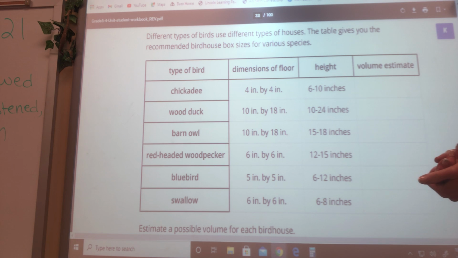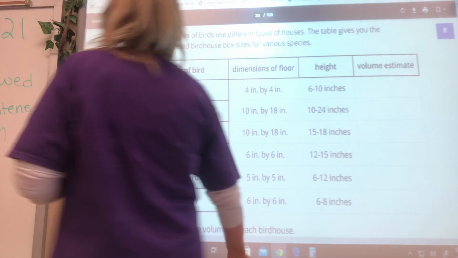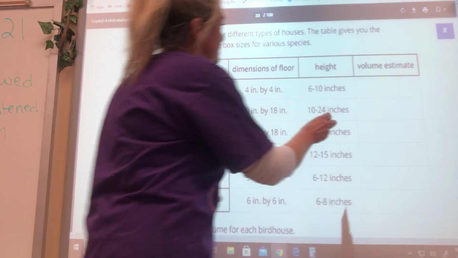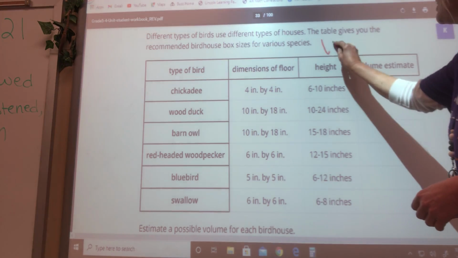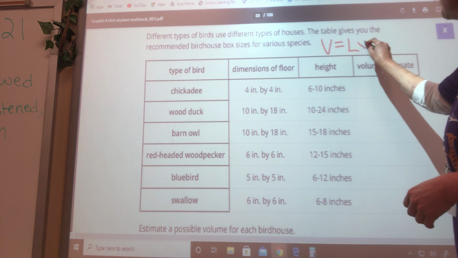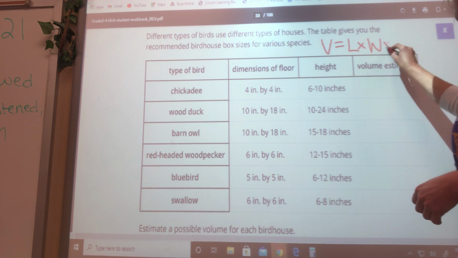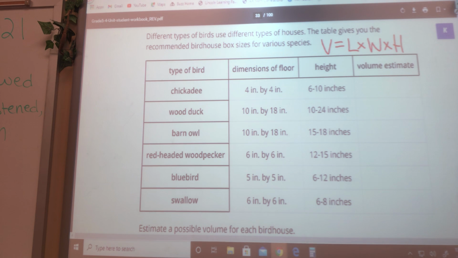So, let's see. If I was going to find my volume, I'll just write it over here. We know that volume is length times width times height. Okay? So, they tell me that the floor of the house is 4 inches by 4 inches.